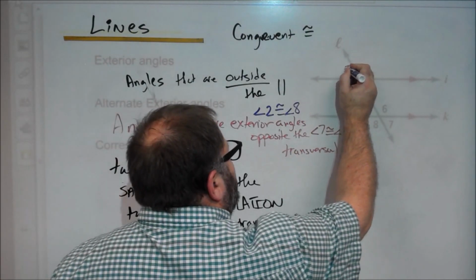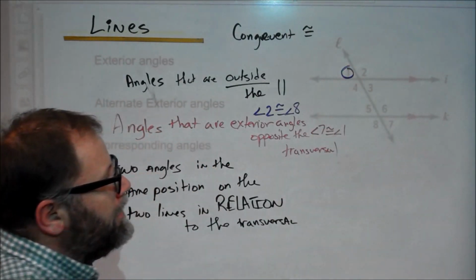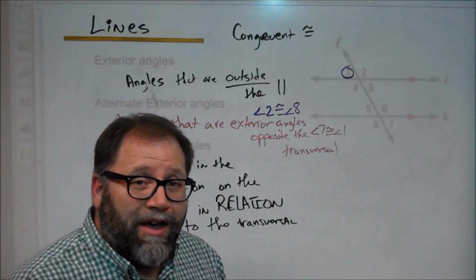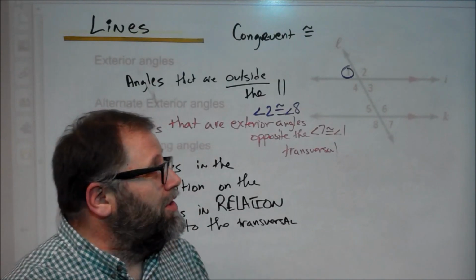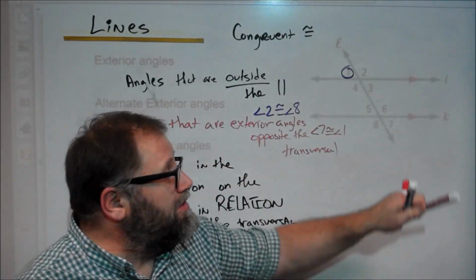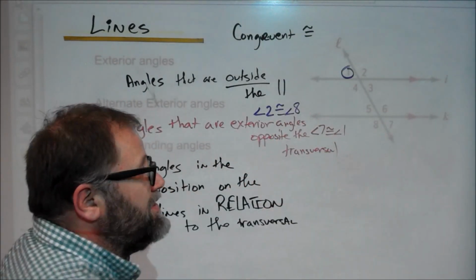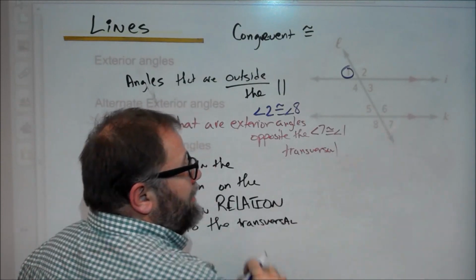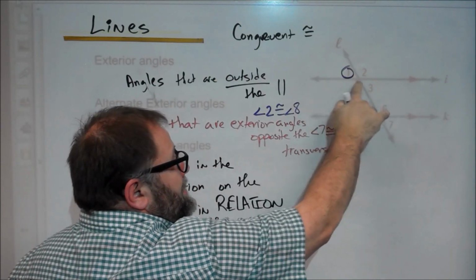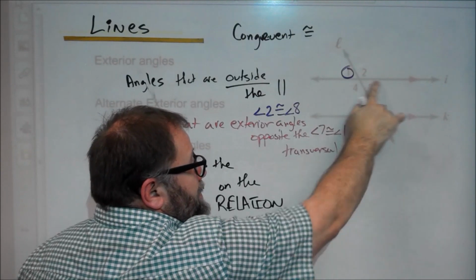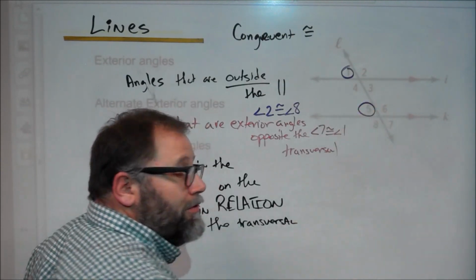So if I have this one here, angle 1. Now I want to find the same angle that's in the same position in relation to the 2 lines down here. So it's either going to be 5, 6, 8, or 7. And judging by where it is in relation to the transversal and the line, it has to be 5.